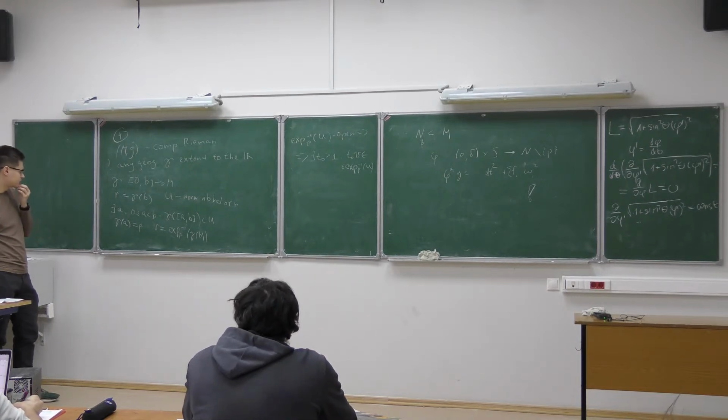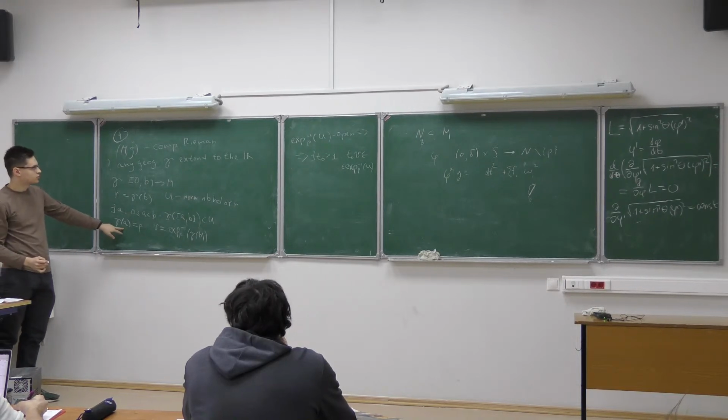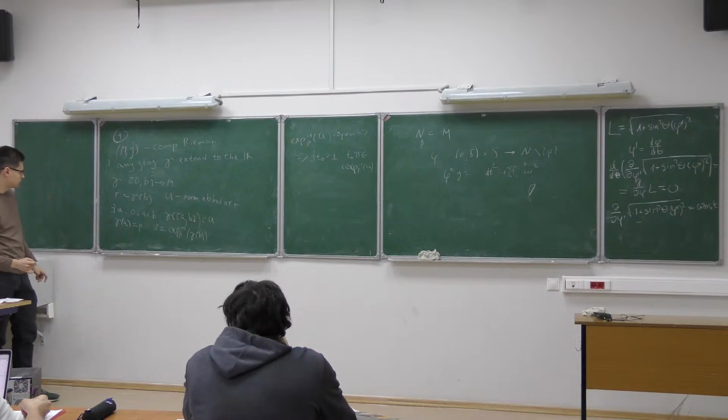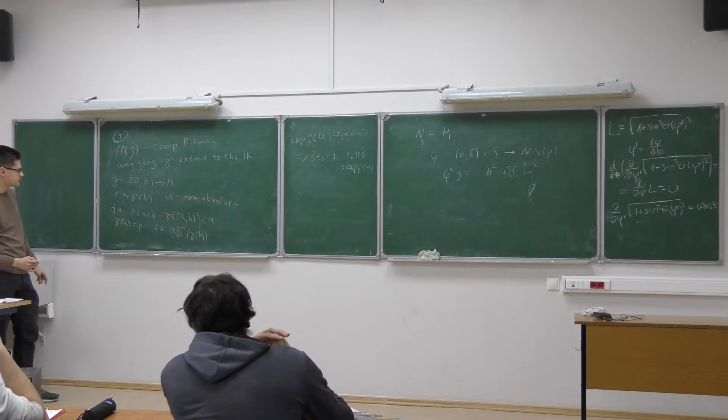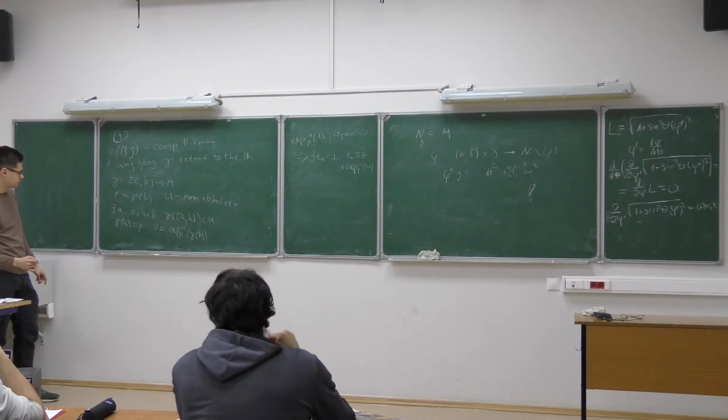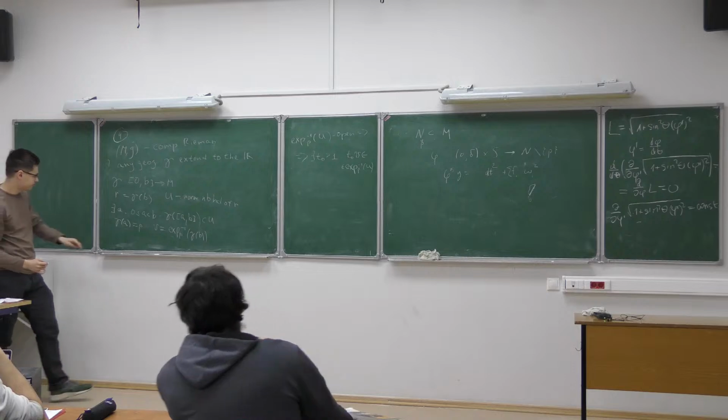Maybe I want a neighborhood of P. You maybe need a neighborhood of R, it's okay, but you take the exponential inverse of gamma of A, of P. That would make more sense to me.